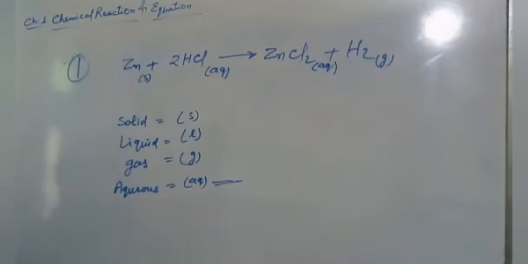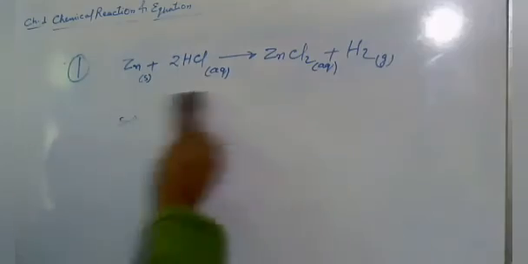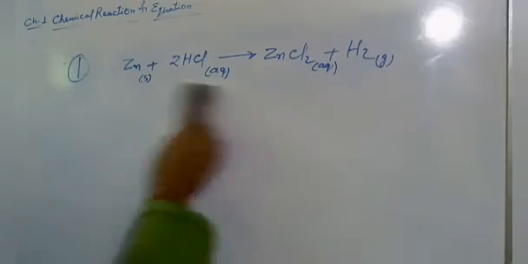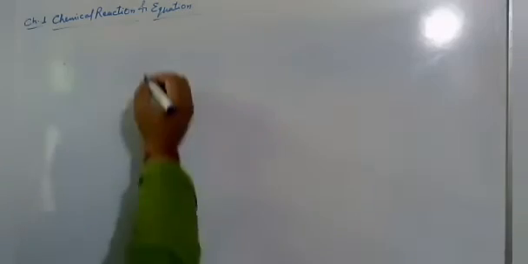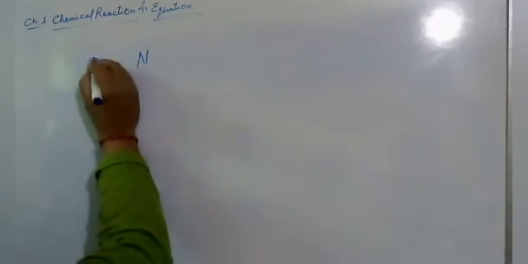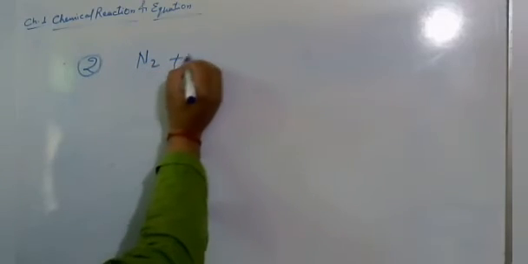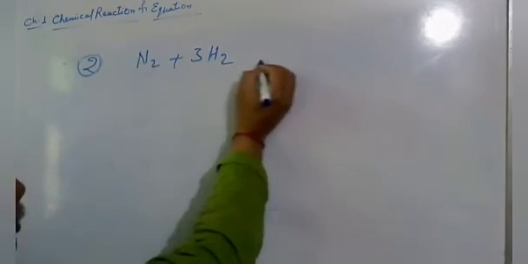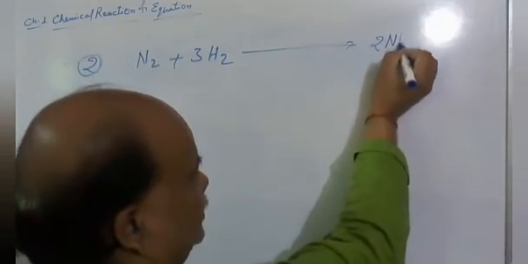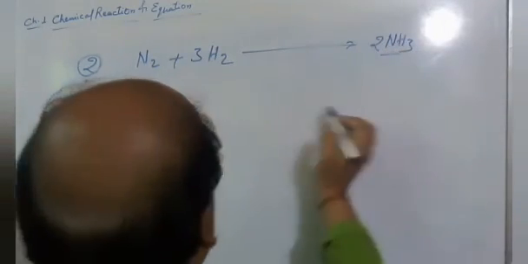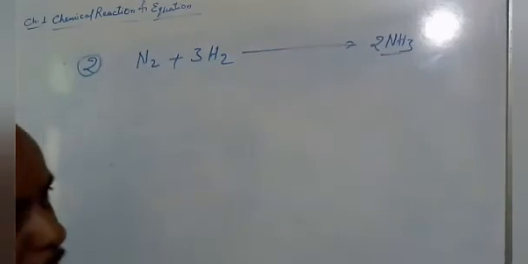In another example, second example, we can give a specific condition of temperature, pressure and catalyst. For example, this reaction, N2 plus 3H2 gives 2NH3, ammonia. Nitrogen reacts with hydrogen to form ammonia.